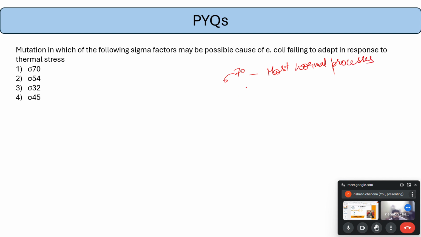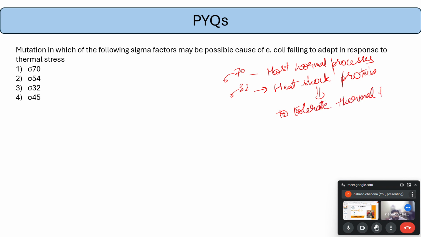Then we have sigma 32, heat shock proteins that help the bacteria to tolerate thermal stress. Sigma 54 is for nitrogen metabolism.